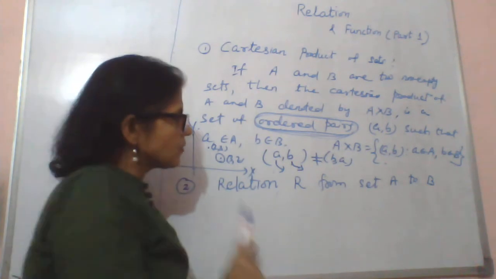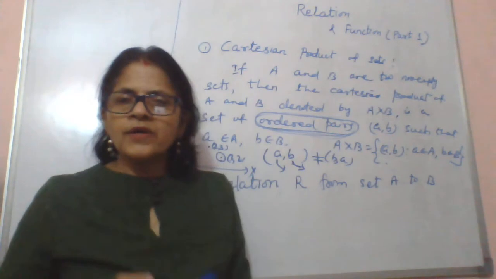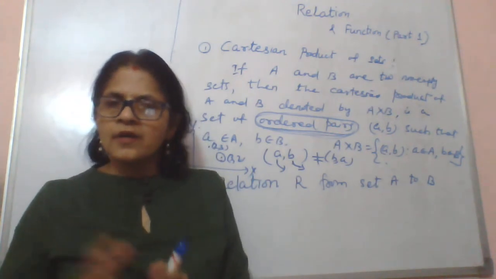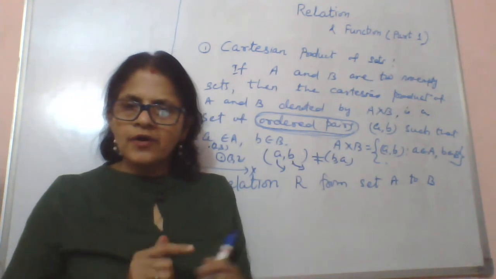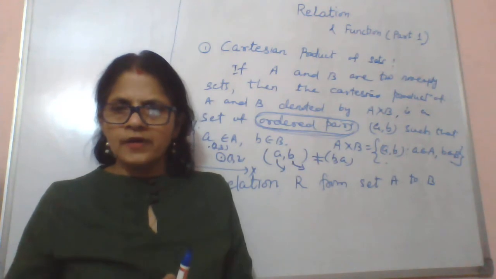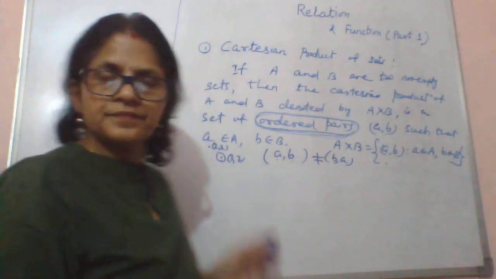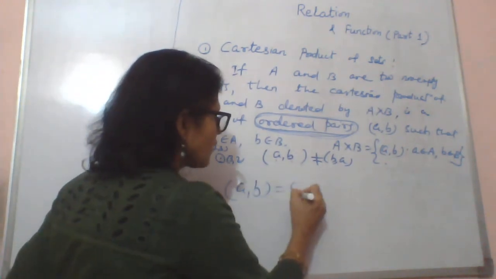Okay. Another thing is, if you write here (a, b) equal to (c, d), it means two ordered pairs are equal if and only if the corresponding components are equal, right? So corresponding components means, you have (a, b) equal to (c, d).